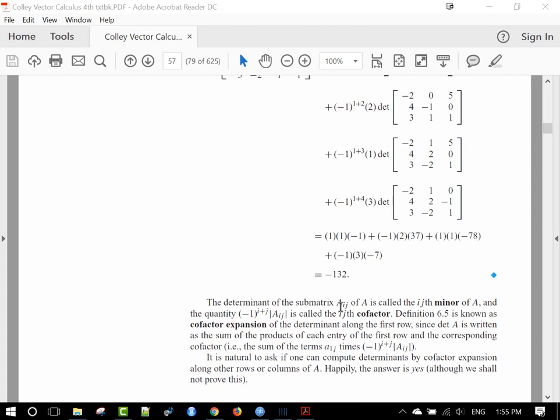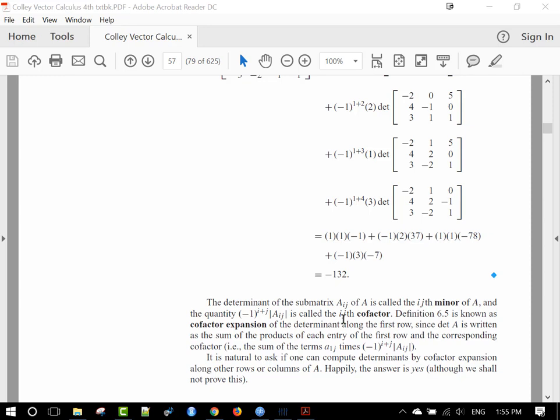The determinant of the submatrix Aij is called the ijth minor of A, and the quantity -1 to the i plus j times the ijth minor of A is called the ijth cofactor.